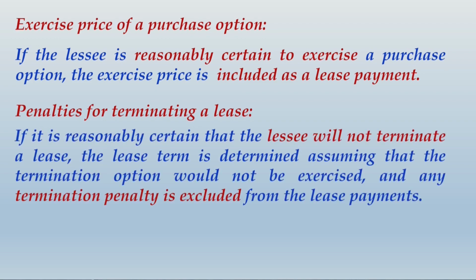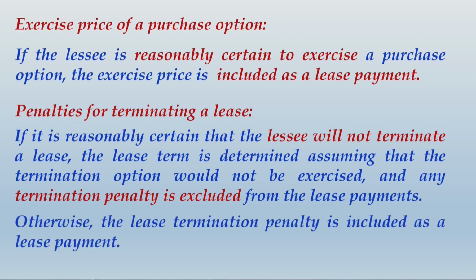If it is reasonably certain that the lessee will not terminate a lease, the lease term is determined assuming that the termination option would not be exercised and any termination penalty is excluded from the lease payments. Otherwise, lease termination penalty is included as a lease payment. So friends, quickly take note of this and then we shall move ahead.